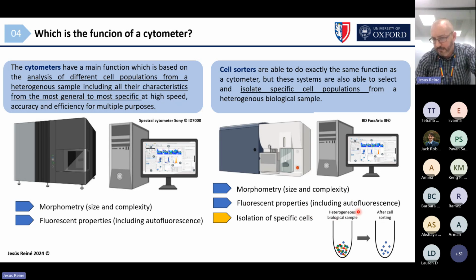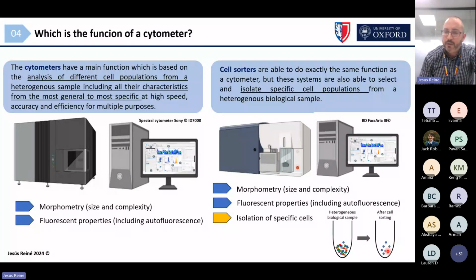Imagine that we have the same heterogeneous sample with different cells with different colors, and we want to isolate only the blue cells. Based on the antibodies that we used before for the extracellular markers of these specific cells, we can tell the instrument to sort those cells specifically.